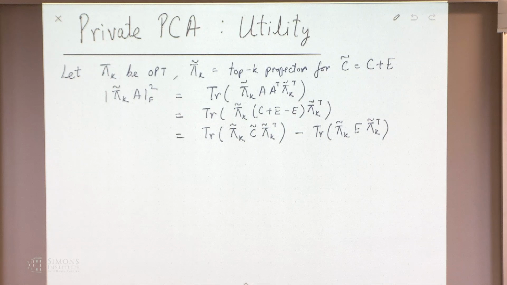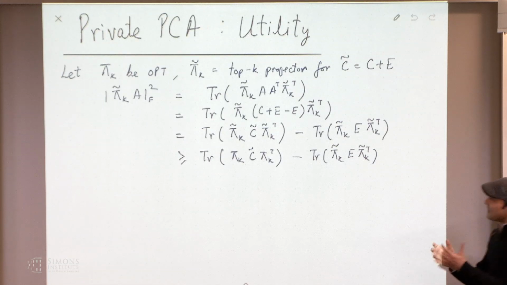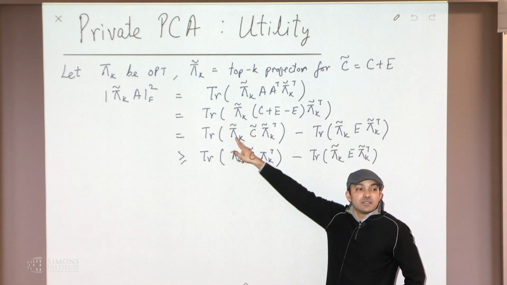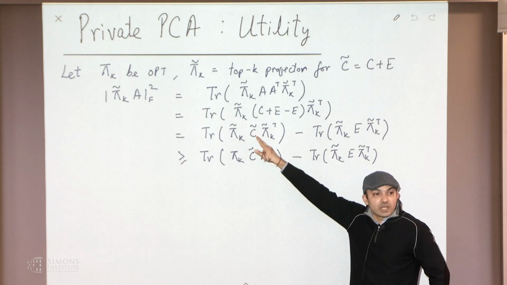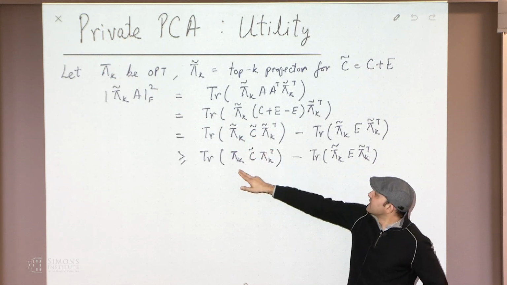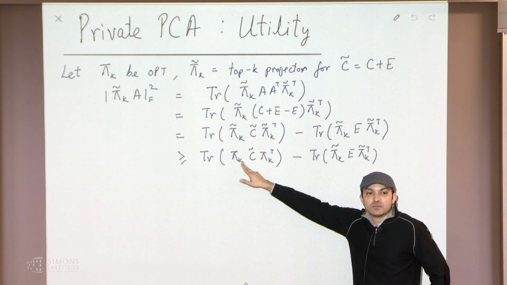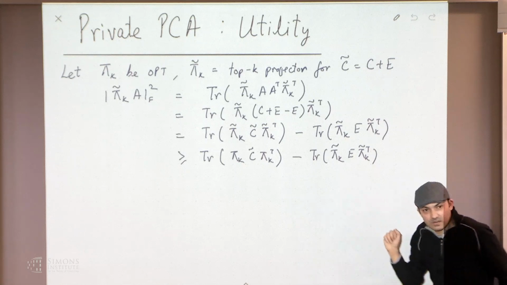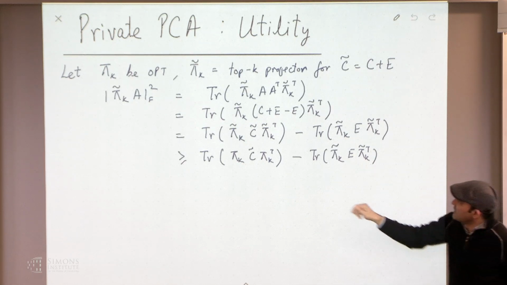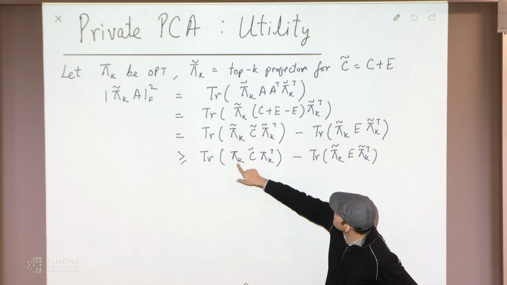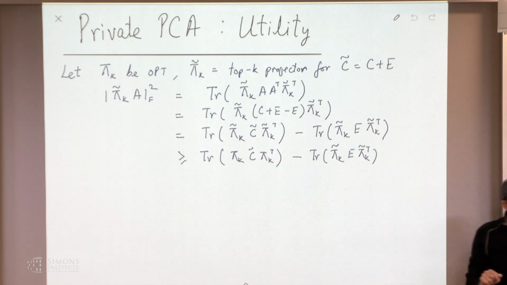So far everything is equality, nothing interesting going on. Now I'll use an inequality, which is where something interesting happens. Note that pi k twiddle is the best subspace for C twiddle. So it's better than using pi k itself. So I'm using the inequality that this quantity is at least as large as the same quantity with pi k instead of pi k twiddle.